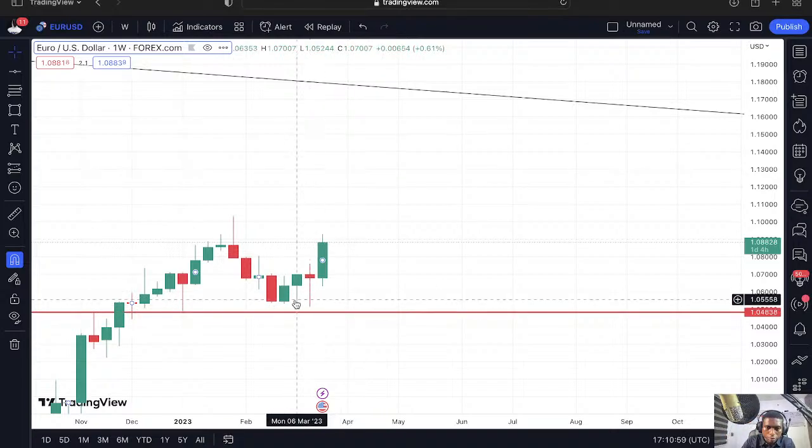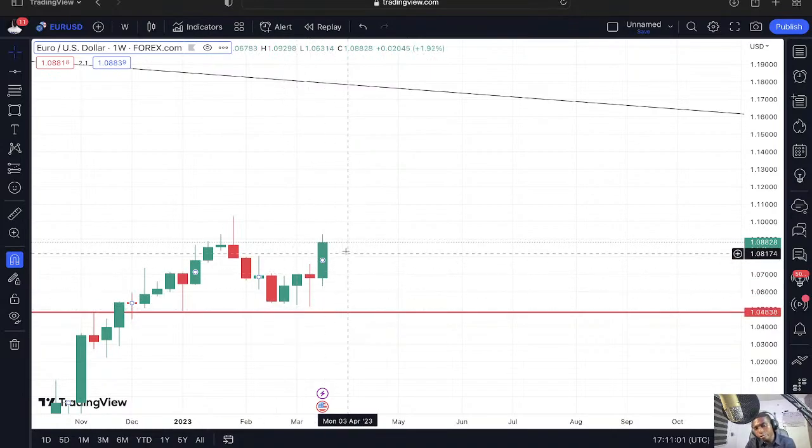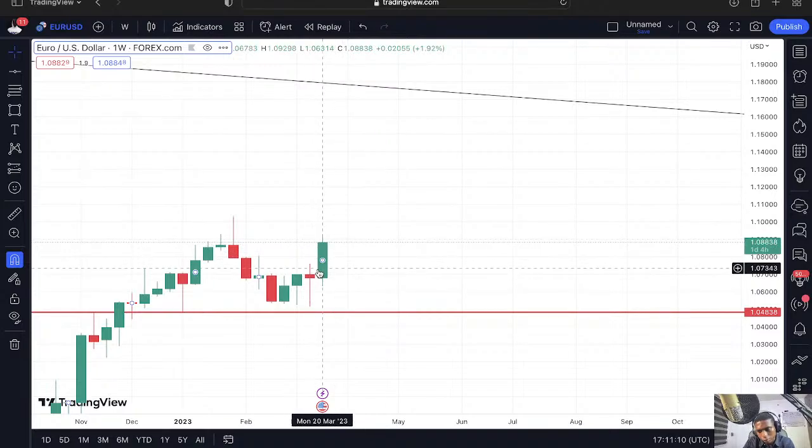And then we can see that price, the momentum, started going up from what we can see. So here's the catch.